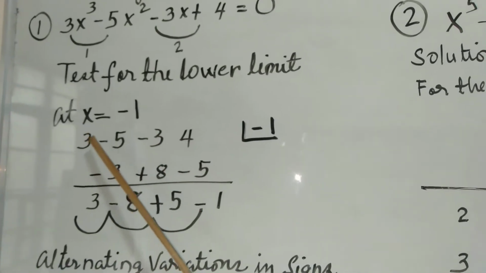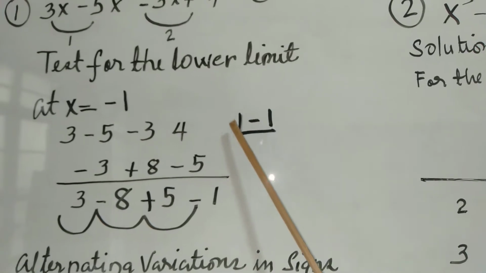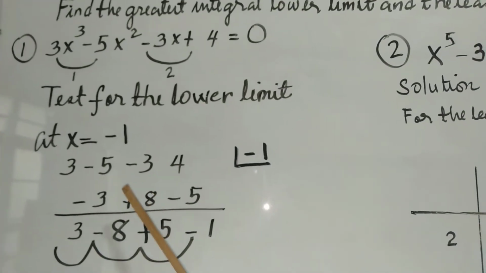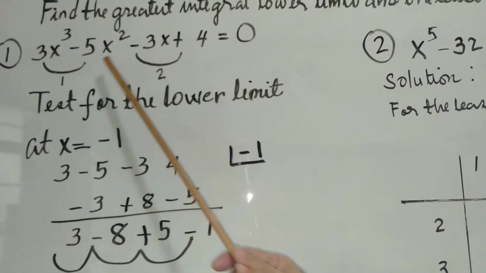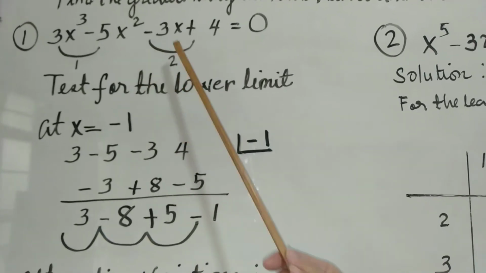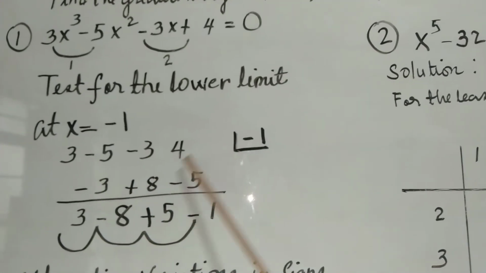At x is equal to -1, we will apply synthetic division. So we will copy first the numerical coefficients of this polynomial. We have here 3, -5, -3, and 4.